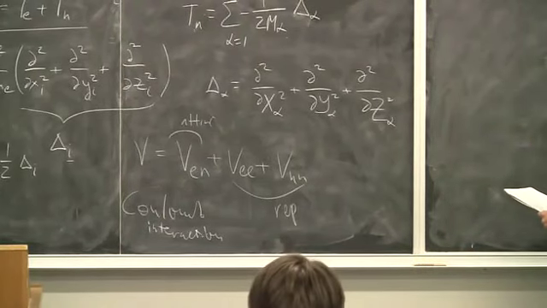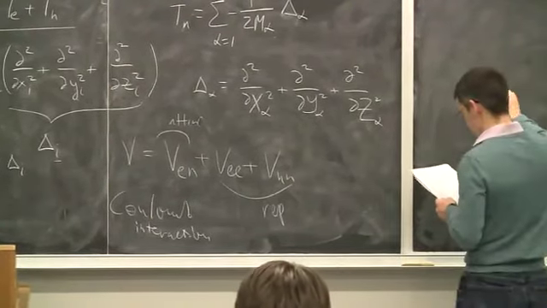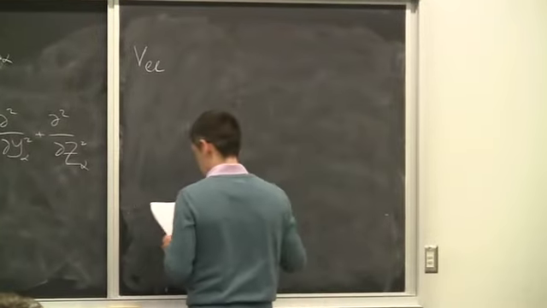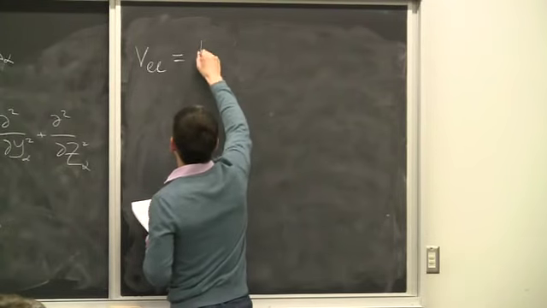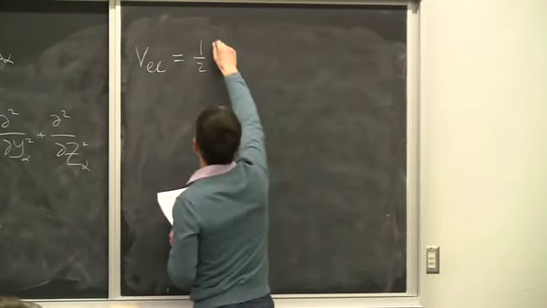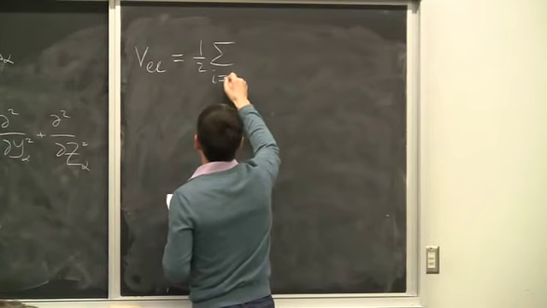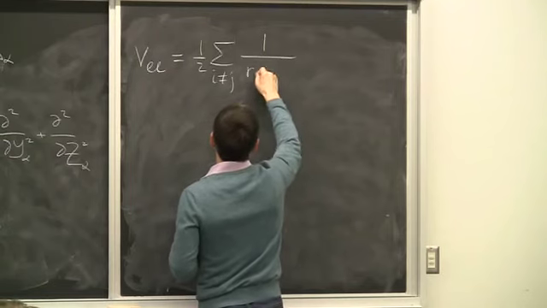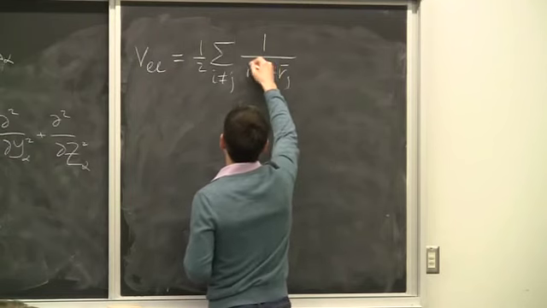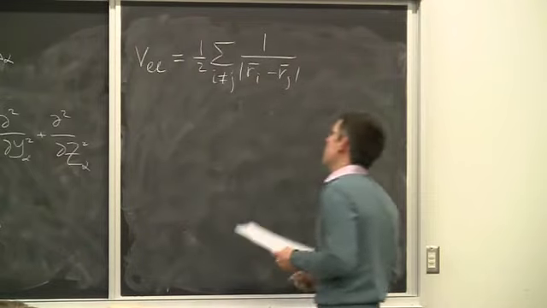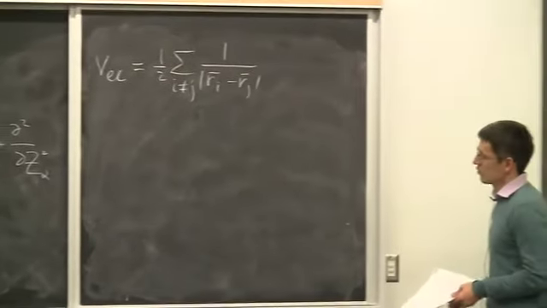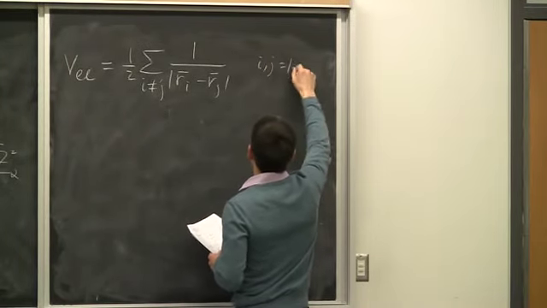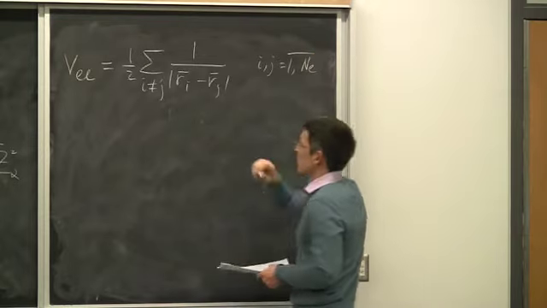All right, now let's start with repulsion, electron-electron. It's 1/2 sum over i not equal to j of 1 over |r_i - r_j|. Okay, so we enumerate all the electrons, right?